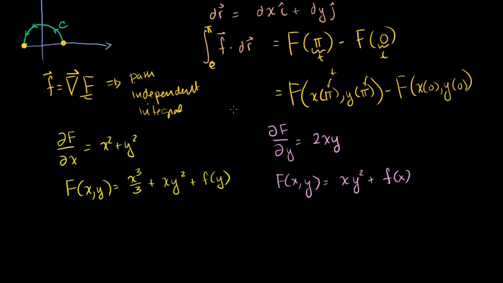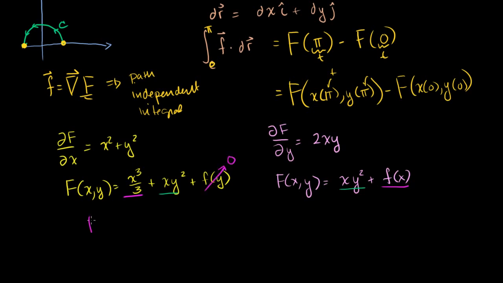Now, we did this in the last video. These two things have to be the same thing in order for the gradient of capital F to be lowercase f. We have xy squared, xy squared. We have a function purely of x. And then we don't have a function purely of y here, so this thing right here must be 0.